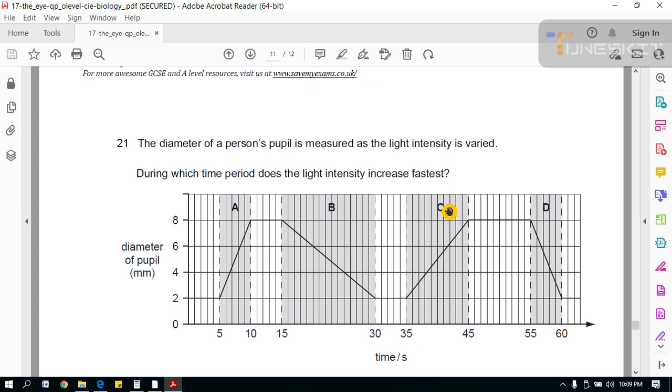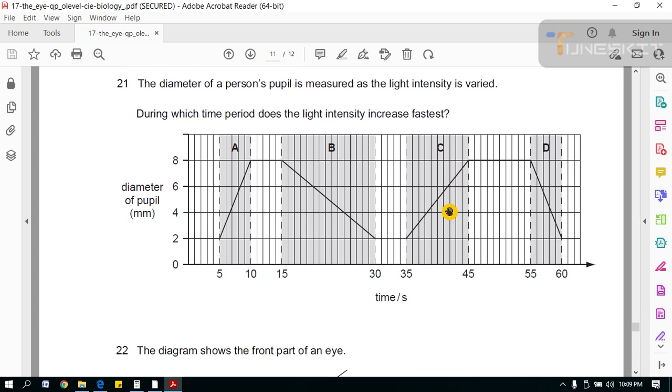In this case you can observe by just focusing on the shades which are present here, like 5 to 10, 15 to 30, 35 to 45, 55 to 60. So we have to find out the time period in which the light intensity increases fastest.